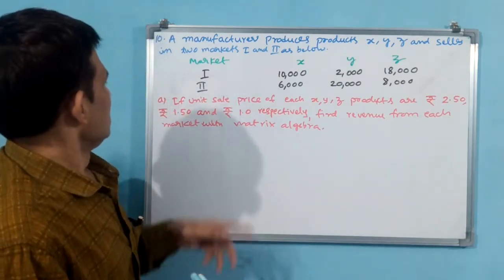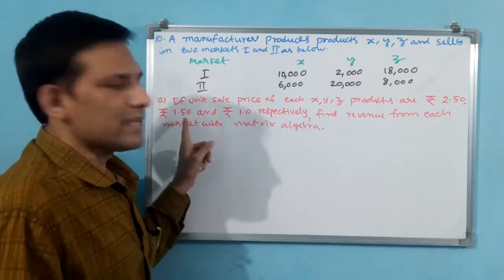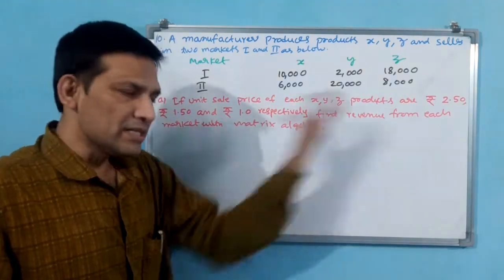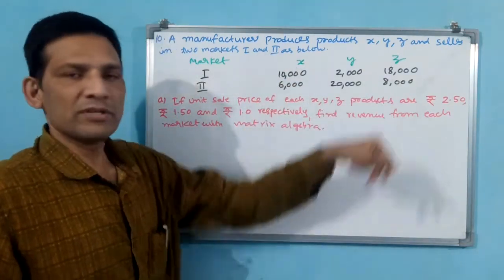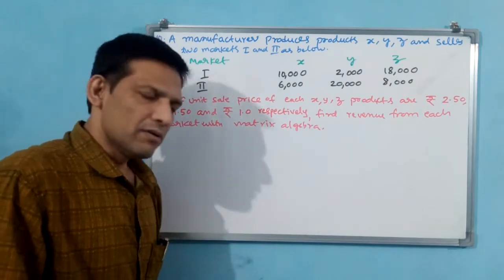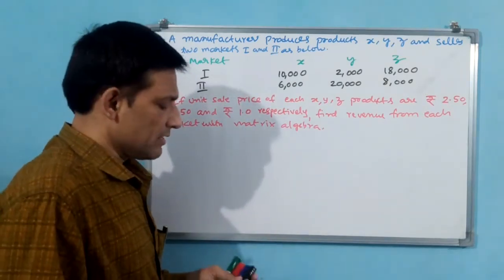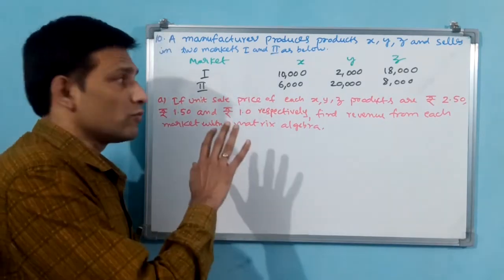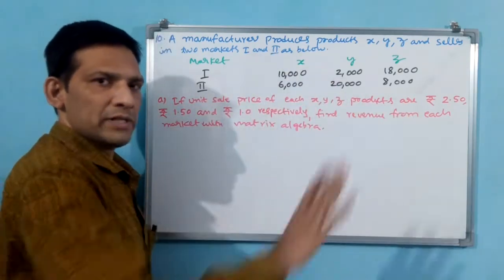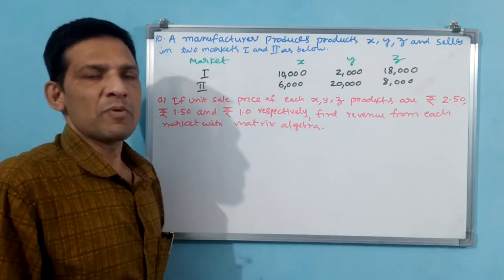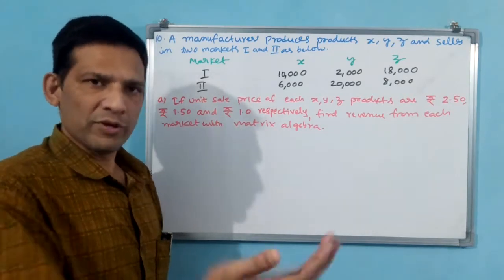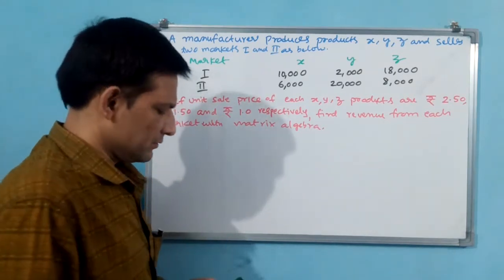We presume that all have been sold, and we will see how much amount has been collected as revenue. Revenue means always collection.